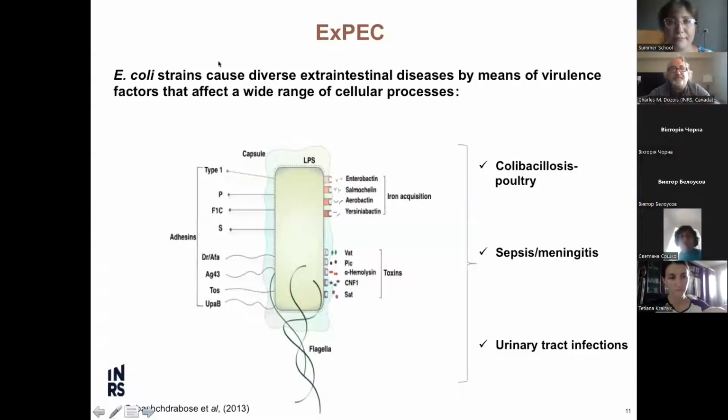So ExPEC are bacteria that, in addition to residing in our gut, are equipped with a number of virulence factors that can convey an ability to cause an extraintestinal infection. And so they may have certain types of colonization factors or adhesins that recognize different receptors on cells.